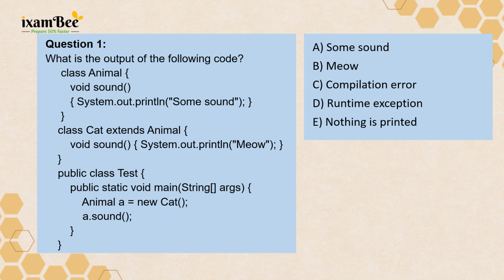The options available are some sound, meow, compilation error, runtime exception, and nothing is printed. The answer would be B, meow. Why? Because when we are creating an animal object and instantiating it to a cat constructor, and then if we call a.sound, then the sound method of cat gets executed and meow would be printed.